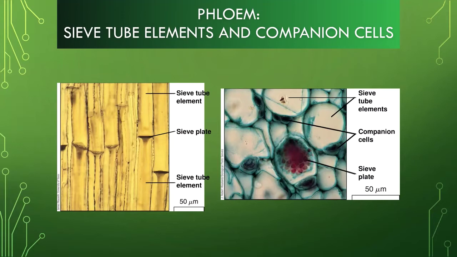And so you can see that pointed out right in the middle of the picture on the left side there. All of this helps to conduct the sugar that is in a solution throughout the plant body. And this actually shows sieve tube elements in a squash.